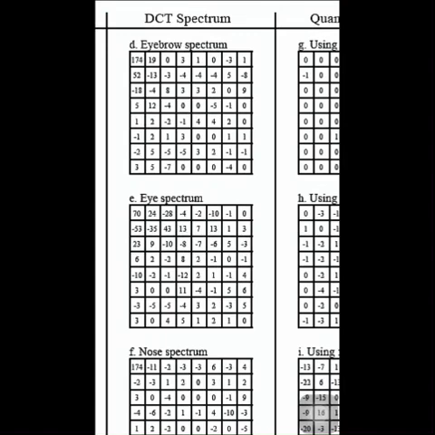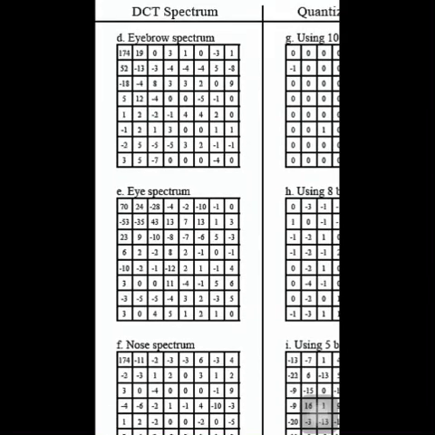Then the coefficients adjoining the DC coefficient are the low frequency coefficients. Even those, you will observe, have high magnitude. As we proceed towards the bottom right coefficient, which is almost 0, these are the high frequency components.